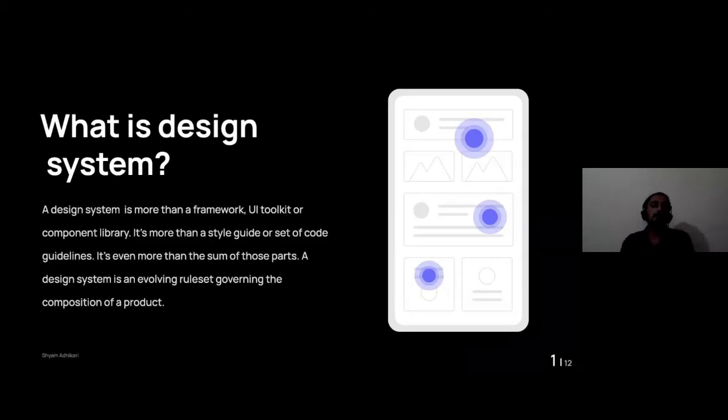A design system is not just a framework or UI toolkit, just a component library. It's more than a style guide or a set of code guidelines that tell you to do this and this. It's far more than that. It's like the prospectus of a company or a product that you are trying to target to a market.